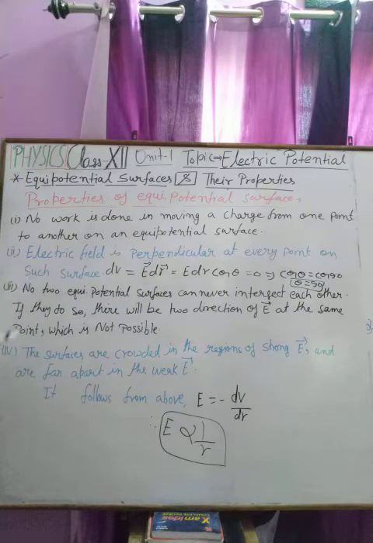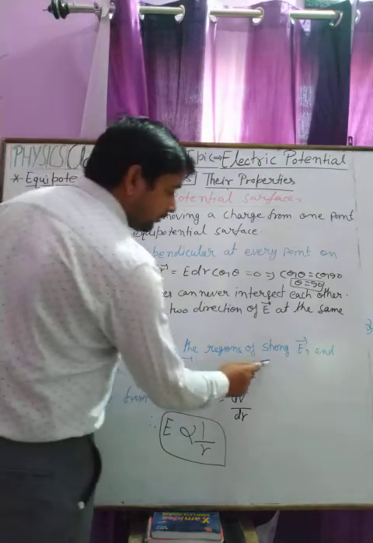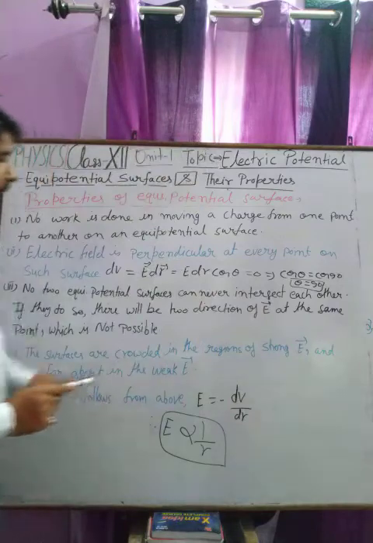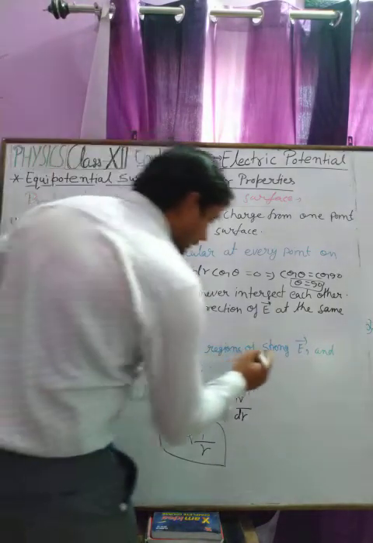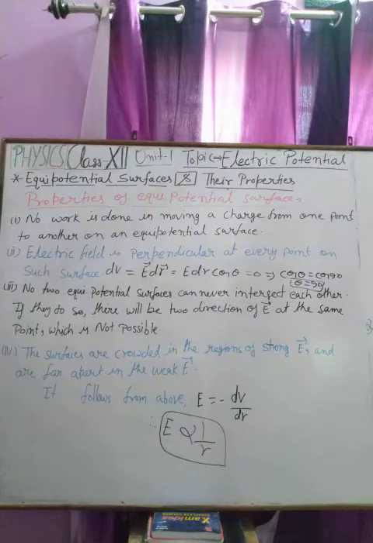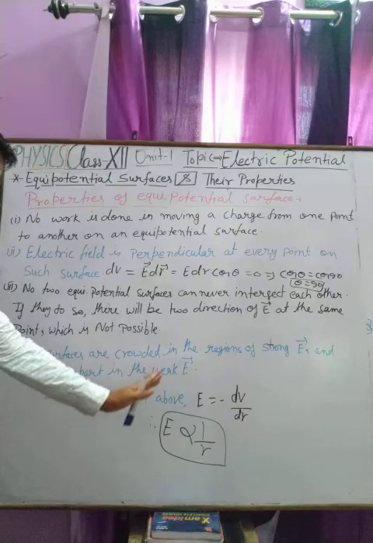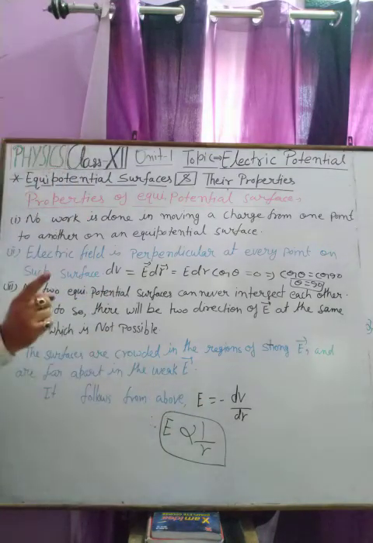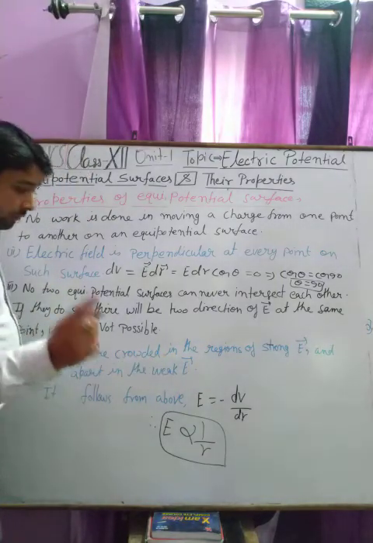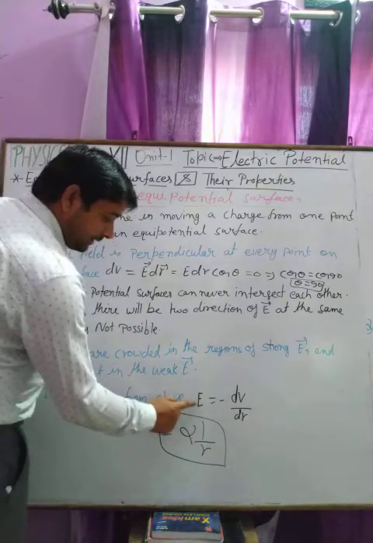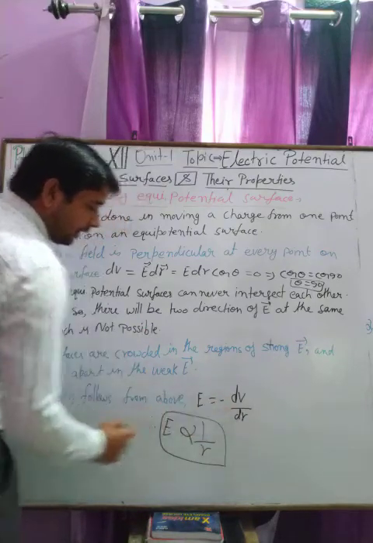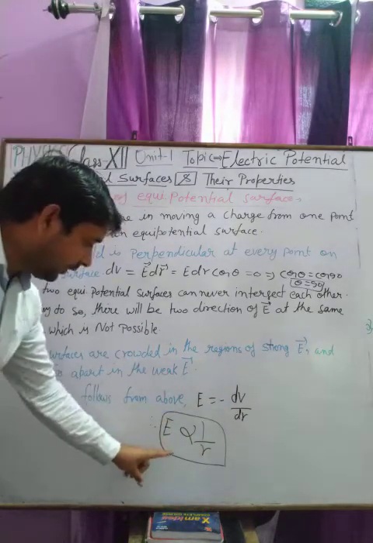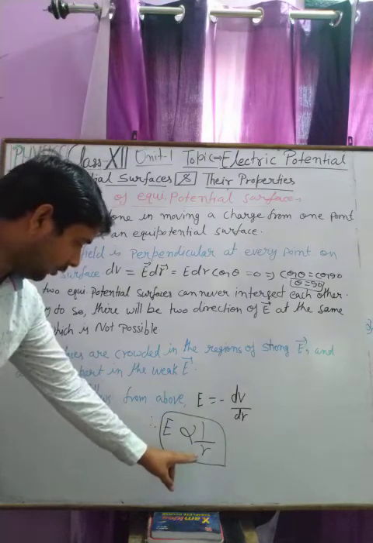Next and very important point is that the surfaces are crowded in the region of strong electric field and are far apart in the weak electric field. It is given by the rule of potential gradient, that is E is equal to minus dV upon dr. Here we find the electric field depends on distance.